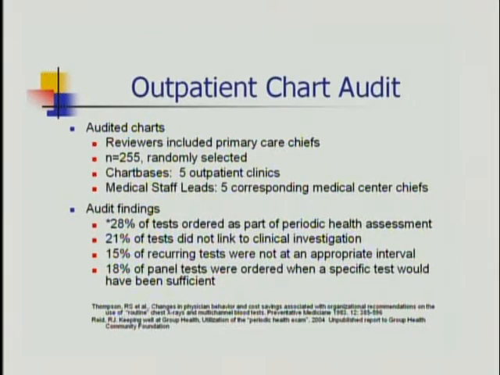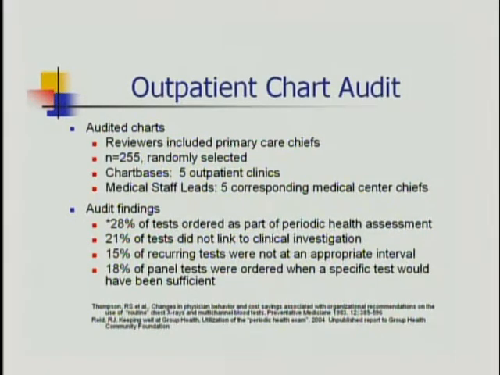So in our audit of 255 charts, we found that 28% of tests were ordered as part of a periodic health assessment. 21% of the tests, as mentioned before, did not link to any clinical investigation. 15% of recurring tests were ordered at an inappropriate interval.